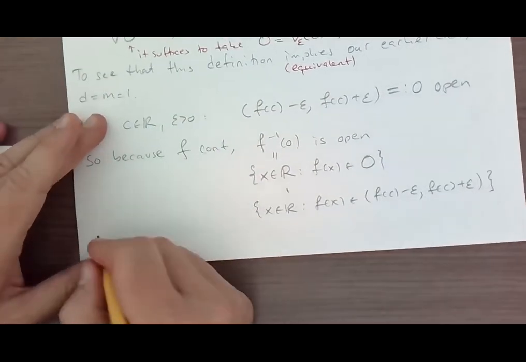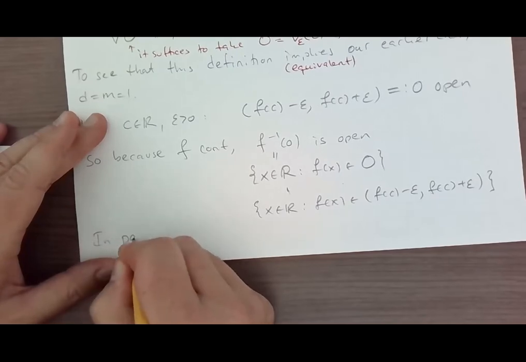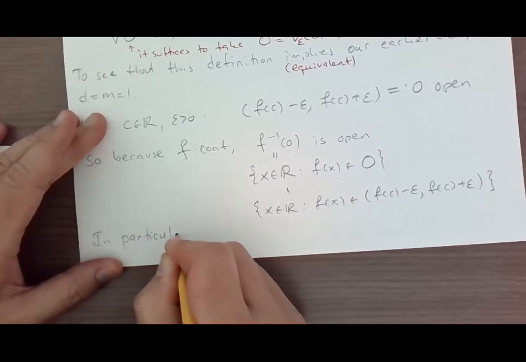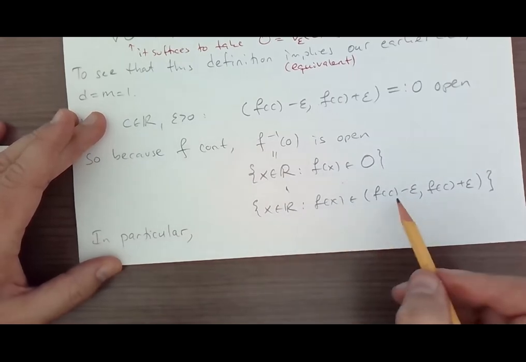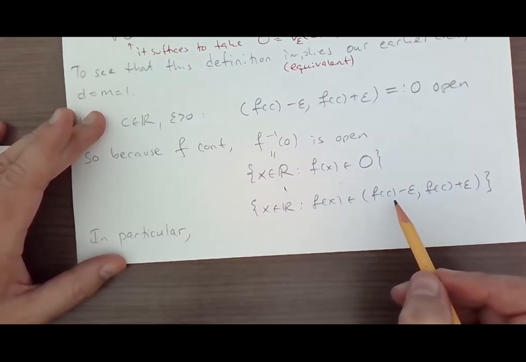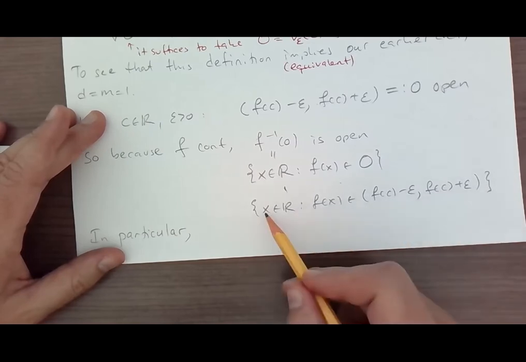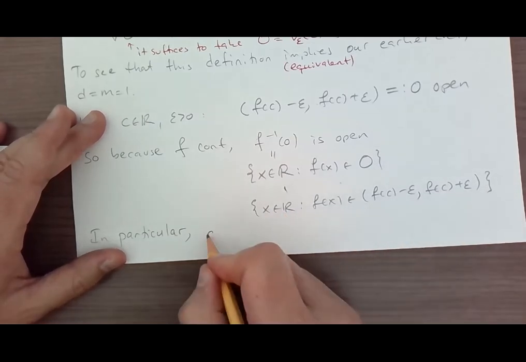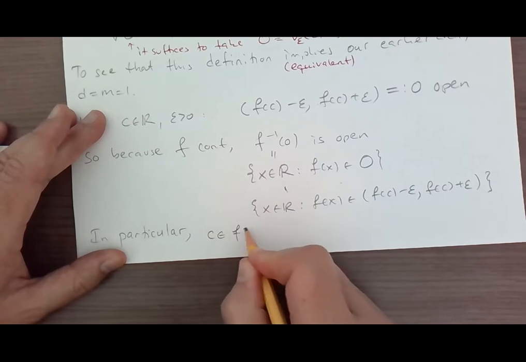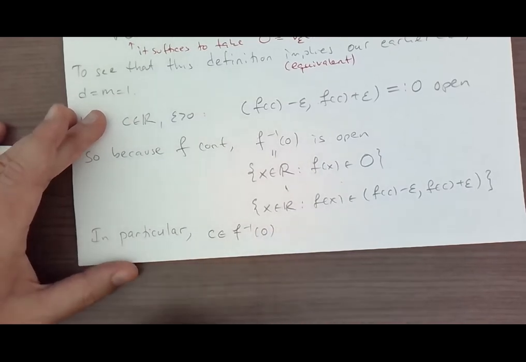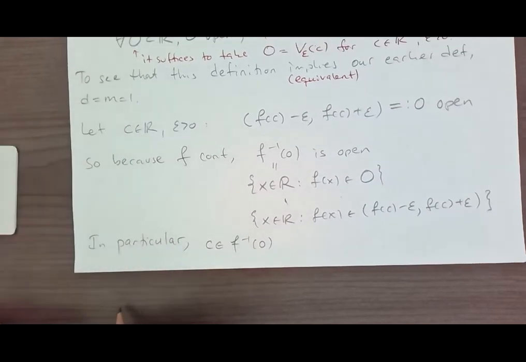And so there's no doubt, in particular, that if I look at the value f of c, that's going to be scooched in between here. So c is here. But now we know that this is an open set.